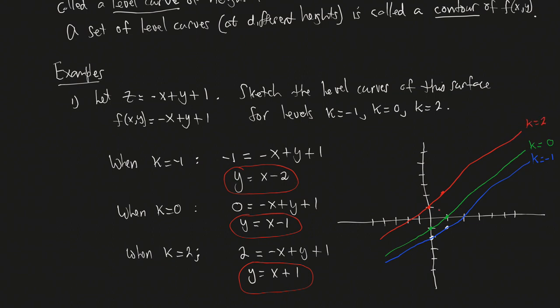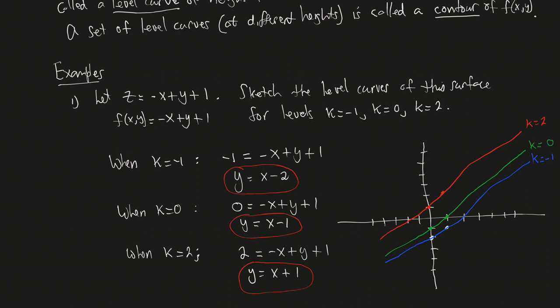So these are the three level curves that make up this. This single plot is a contour plot of this surface. And again, we ended up with relatively simple equations because we started with a pretty simple surface.